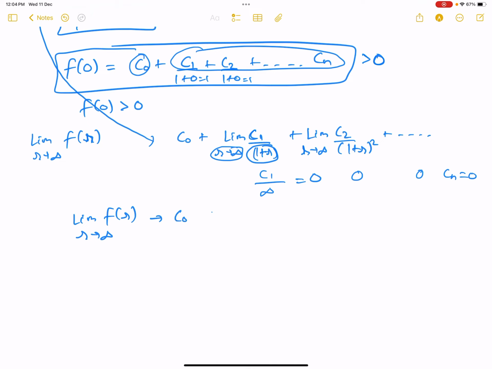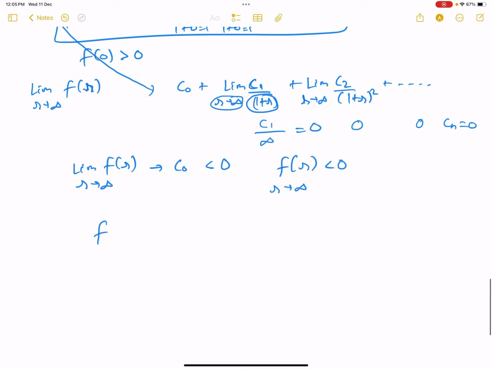And we know c0 is less than 0 because it was the initial loss for us. So f of r is less than 0 as r approaches infinity. So we have two conditions: f of 0 is greater than 0 when r is 0, and f of r is less than 0 as r approaches infinity.